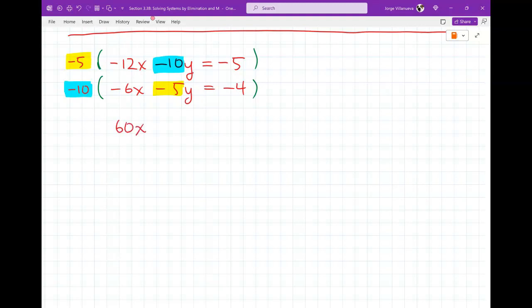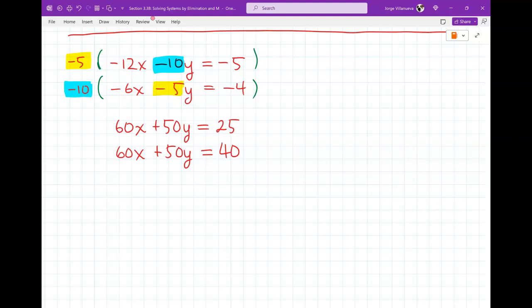Negative 5 times a negative 10 is a positive 50y, equals negative 5 times negative 5, 25. All right, now let's do the bottom one. Negative 10 times negative 6, that's 60x. Negative 10 times negative 5y, that's a positive 50y, equal to negative 10 times negative 4, that's 40.